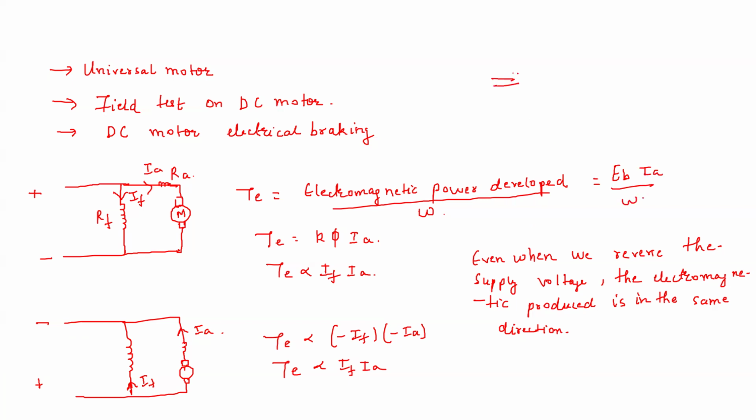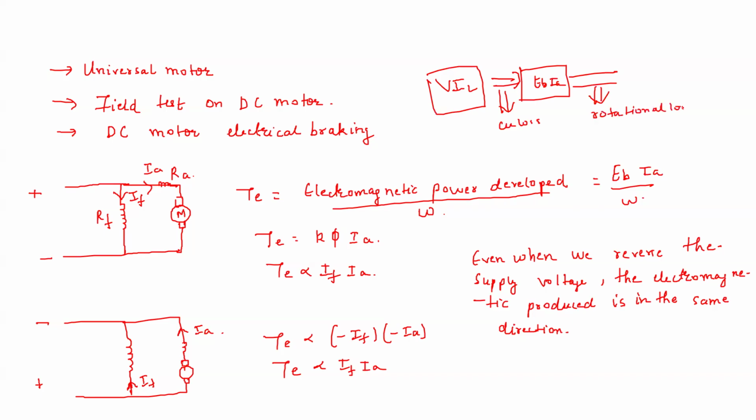Remember that diagram where first we had V into IL, then copper losses, then EB IA, then rotational loss, and then your shaft power.